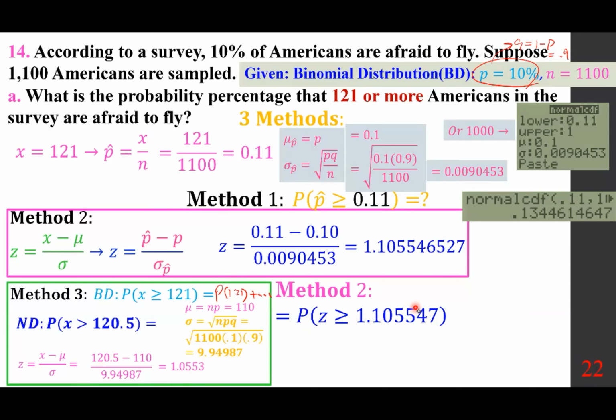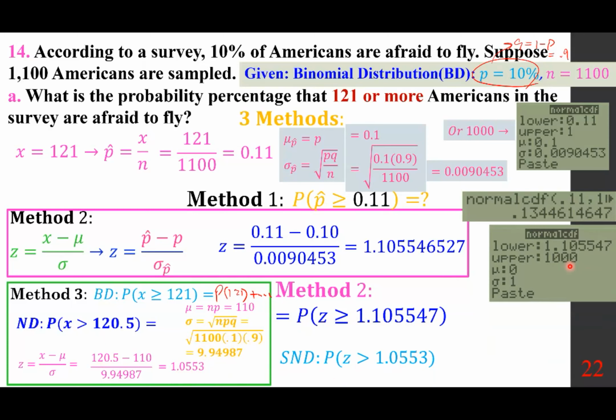So with the binomial distribution, now the normal distribution and the standard normal distribution, both of them are almost the same. Using technology, lower is this number, upper. Now this one you cannot use 1, unlike the other one that we could, because we're dealing with a proportion there.